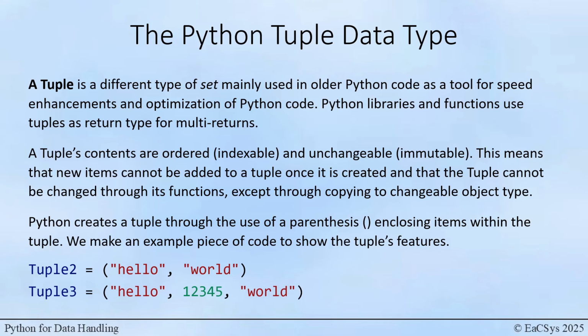If the item objects inside a tuple are of a changeable type and must be changed, they need to be copied in a similar process, changed, and converted back to a tuple object.